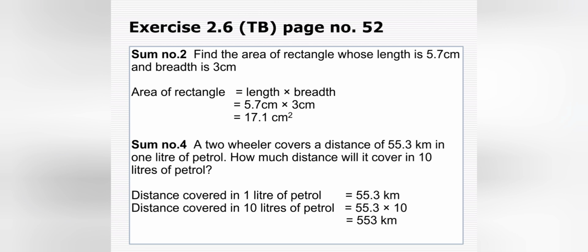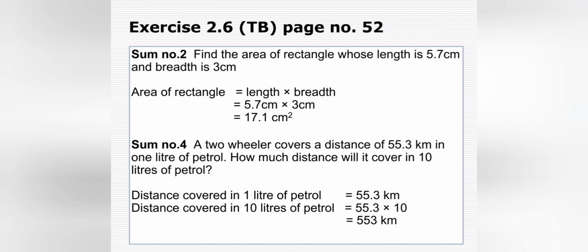Let us solve one more example of this exercise, the sum number 4. A two-wheeler covers a distance of 55.3 km in 1 liter of petrol. How much distance will it cover in 10 liters of petrol? Children, it's very simple. Is it? But then also let us understand.